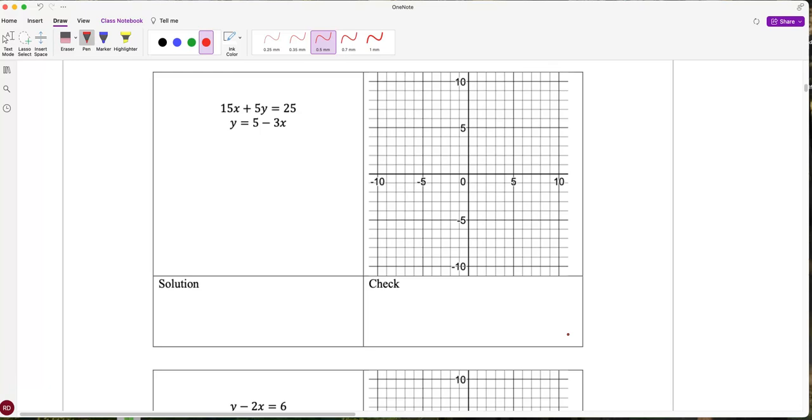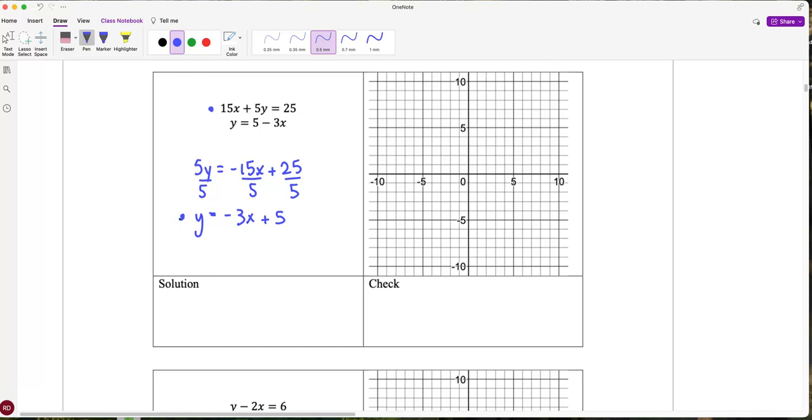Let's try this one now. Those were in slope-intercept form. You can do it where, okay, I can put it in slope-intercept form and graph it, or I could graph it from standard form. It doesn't matter. Let's take the first one and let's just put it in slope-intercept form. So what is it? 5y equals negative 15x plus 25. Divide everything by 5, and you get y equals negative 3x plus 5.